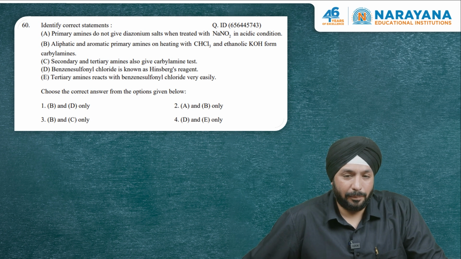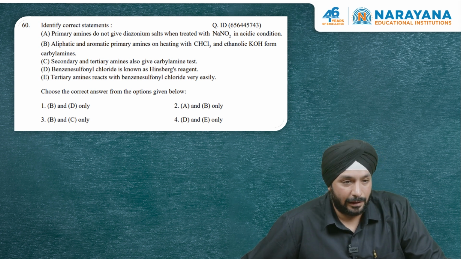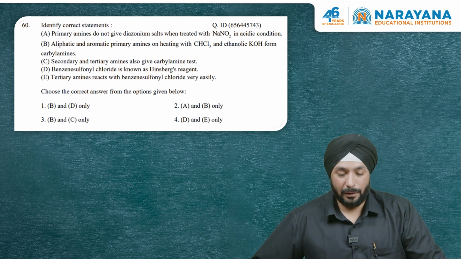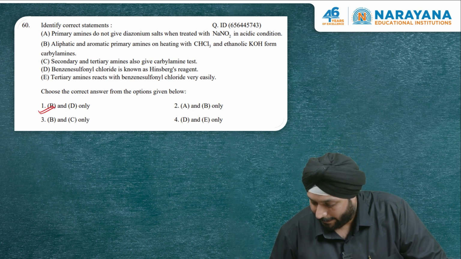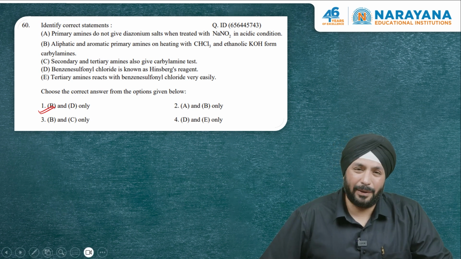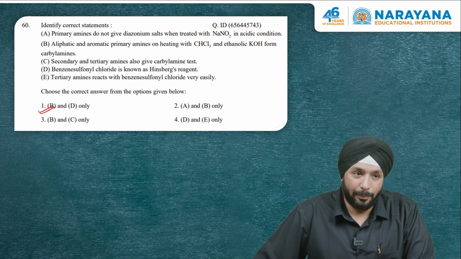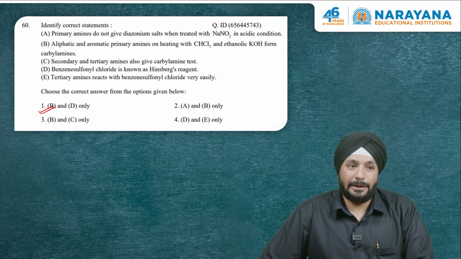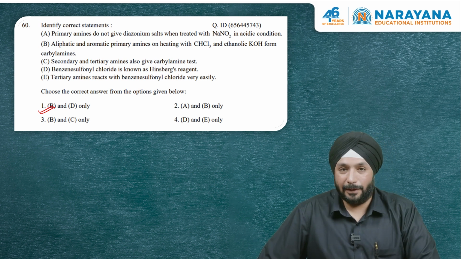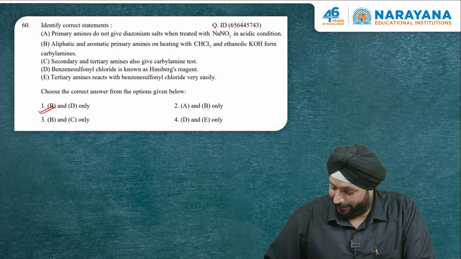So option B and option D are clearly correct, so the answer is supposed to be B and D. A very standard, very simple question on amines, and this time they have asked a lot of questions from the amines chapter based on diazonium coupling and all. So please focus on that chapter thoroughly while giving the next JEE Mains attempt. Getting it? So we'll move ahead.